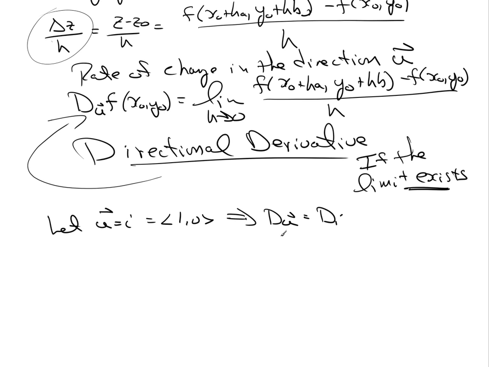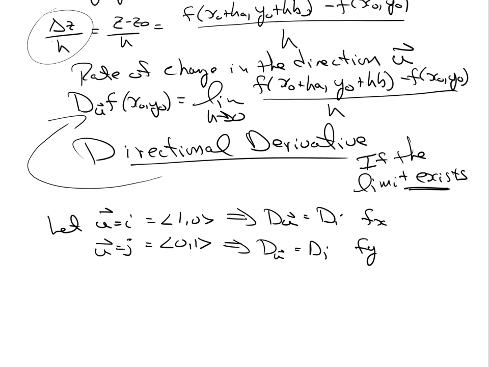Because of that, if I put in 1 for a and 0 for b, then what I end up with is no more than what we think of as the partial with respect to x. Because again, this is a 1, so I have x plus h, and then b is 0, so I have y naught. And likewise, if I let u equal j, this gives me (0, 1), which implies that D sub u is equal to D sub j, which is the same as the partial with respect to y.